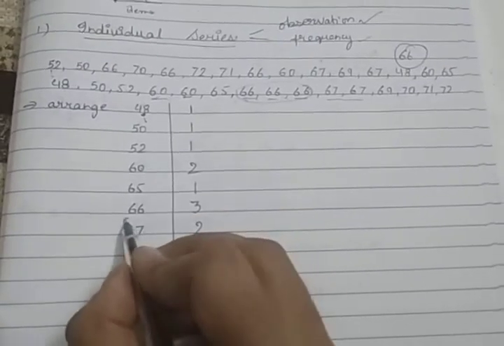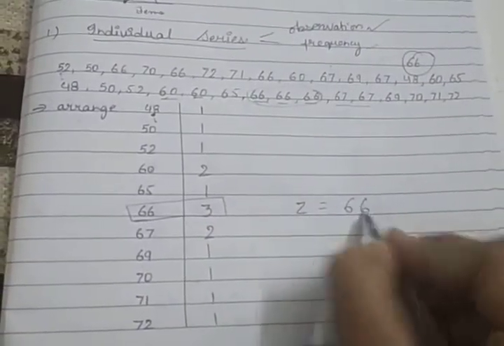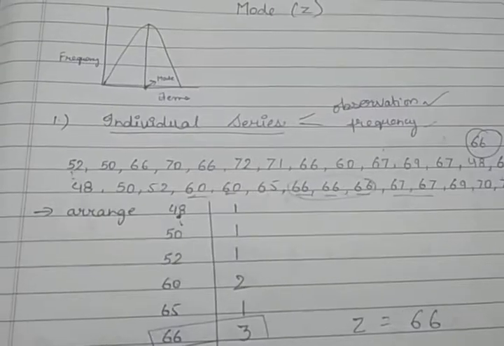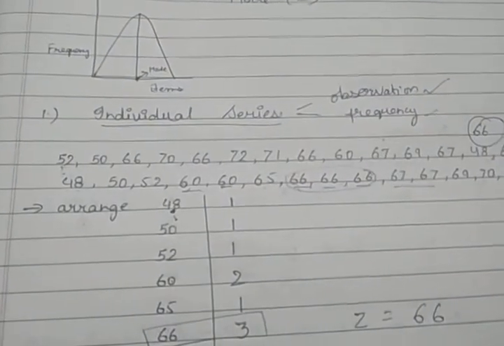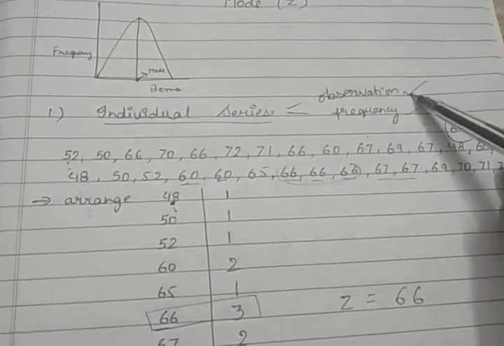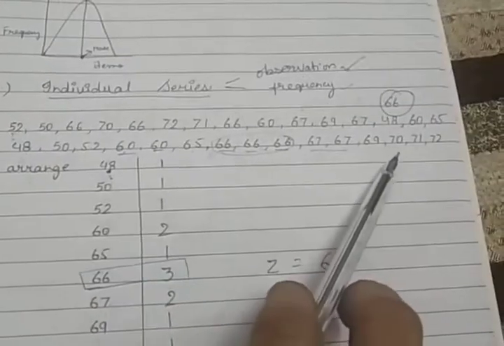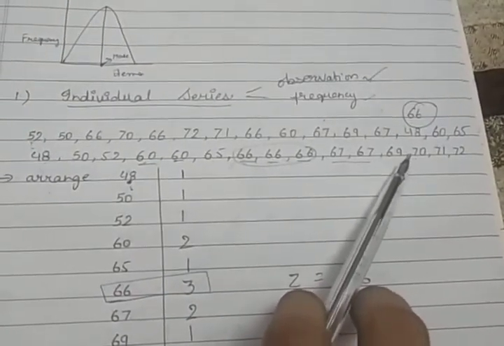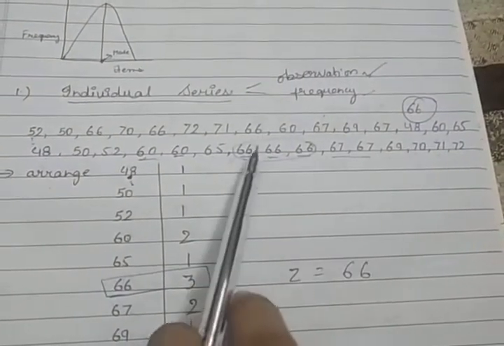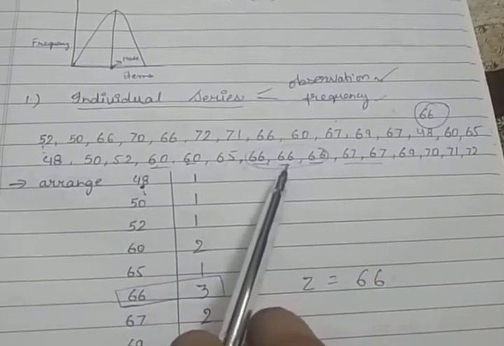So that means 66 is repeated 3 times, so our Z is 66. So in the individual series, two ways are there to find out the mode. First of all, observation. For observation you have to arrange the numbers in ascending order or in descending order. Then you have to observe which number is repeated most, so that number will be the mode.